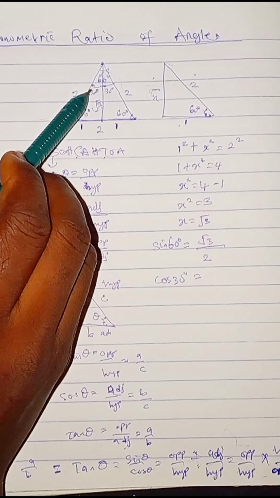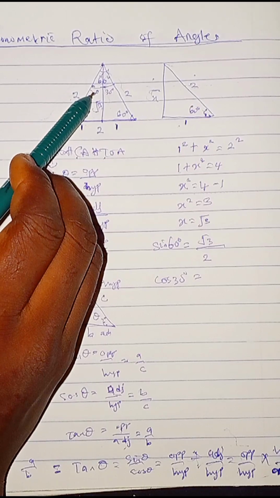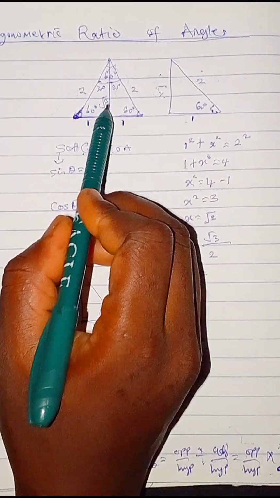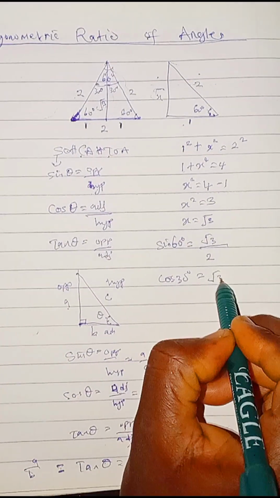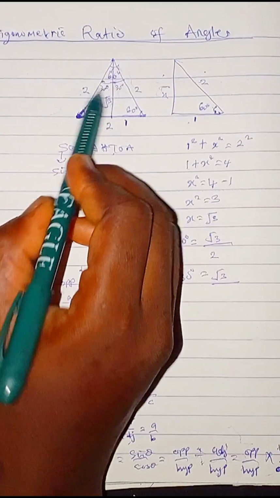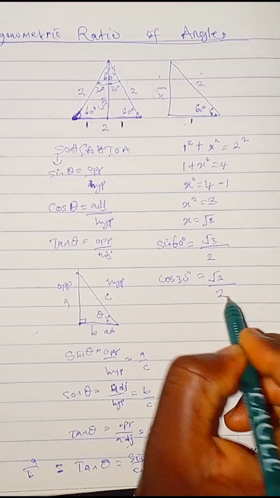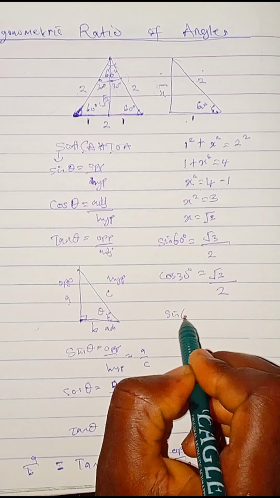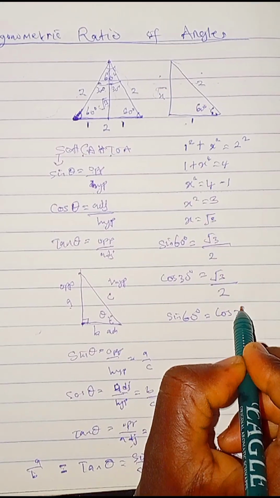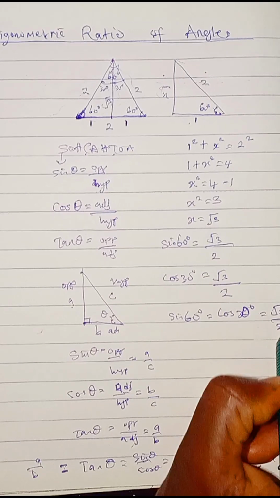You see, in this case, this is the 30 degrees. The adjacent of this 30 degrees is square root of 3. Adjacent over hypotenuse. The hypotenuse of this is 2. Can you see that sine 60 degrees is equal to cos 30 degrees, which is equal to square root of 3 over 2?